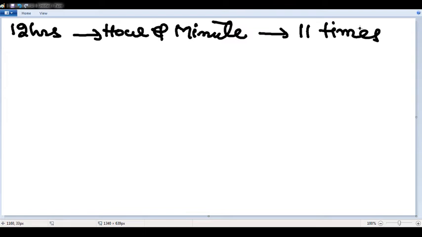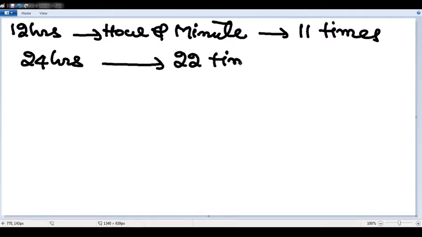I'll again prove it using a circular track concept. In 12 hours, both the hour hand and minutes hand will meet total 11 times. That means 12 hours it is 11 times, 24 hours it is 22 times. 12 twos are 24, 11 twos are 22.